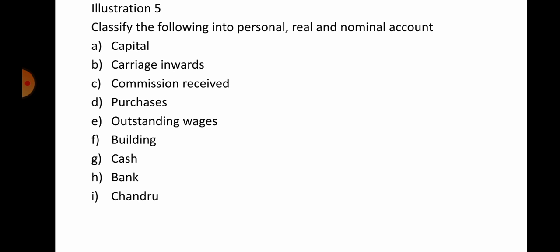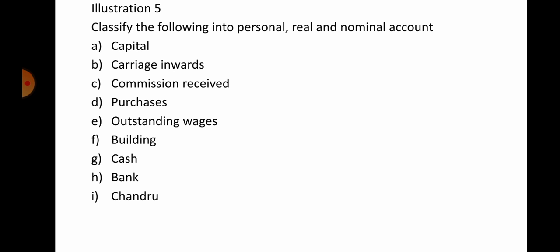Okay. Next one, carriage inwards. Carriage in the sense the amount given for the lorry drivers for uploading and unloading the goods. That is called carriage inwards. This is an expense. We already seen the expenses will be entered in the nominal account.